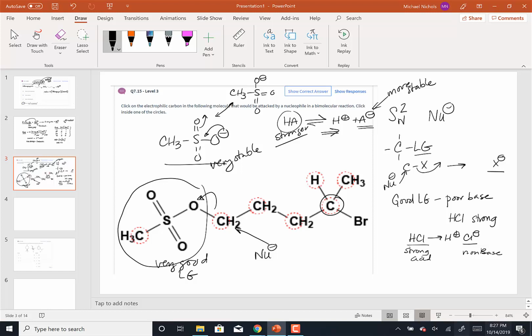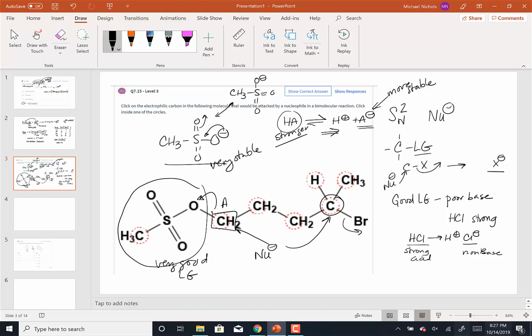Now, which carbon is the nucleophile going to add to? Is it going to add to, let's say, carbon A that has this oxygen leaving group that has lots of resonance structures? Or is it going to attack carbon B to get rid of the halogen? Well, there are two things going for one of these two carbons.